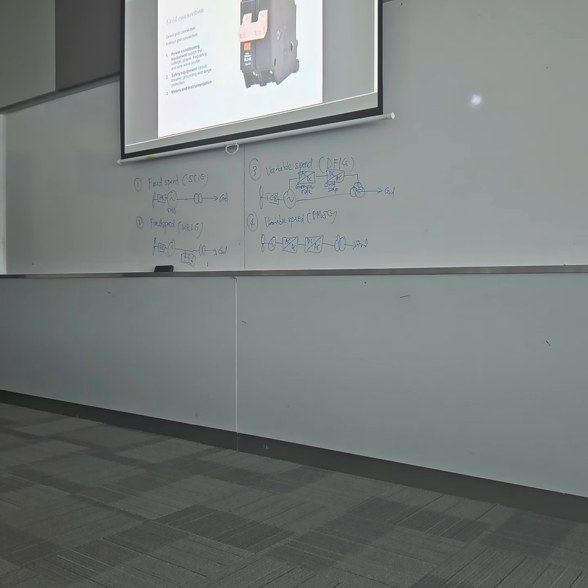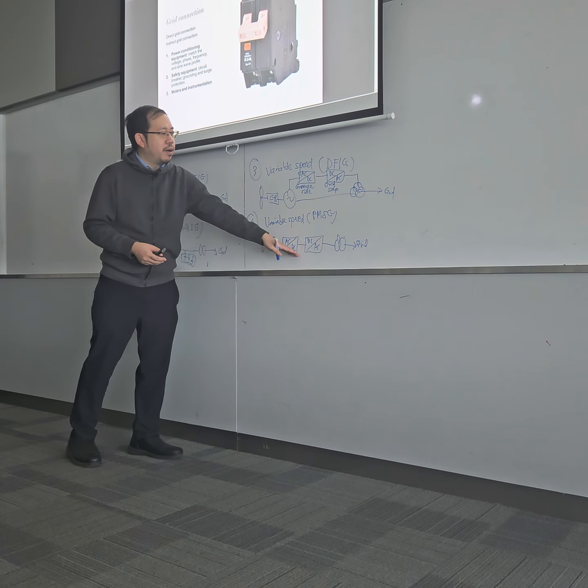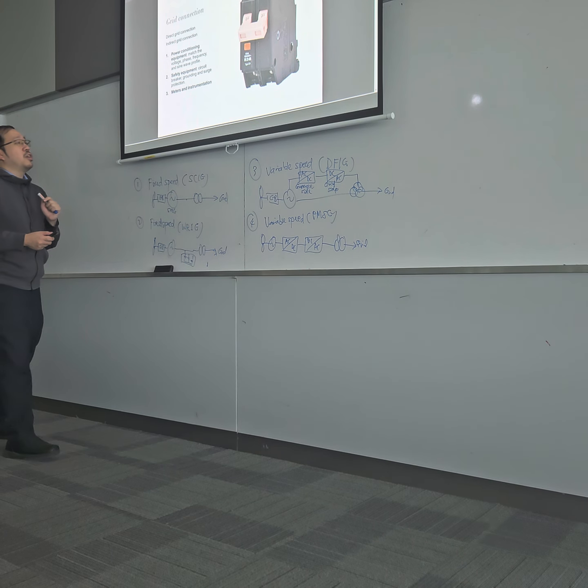Regardless, you will need power conditioning equipment to match the voltage, phase, frequency, and sine wave profile to the grid that you are connecting to. For safety equipment, you need circuit breakers, grounding, and surge protection to protect all the devices, more so for variable speed because you are dealing with power electronics here, so you need to protect your power electronic circuitry.